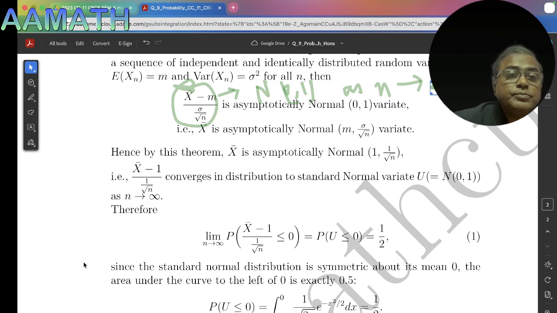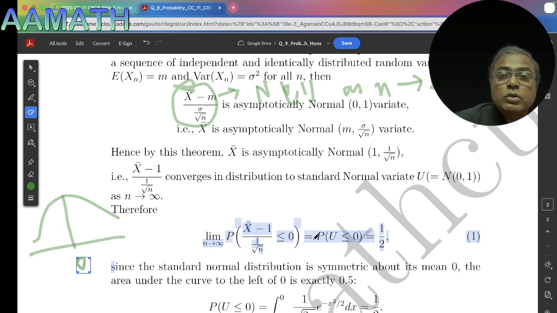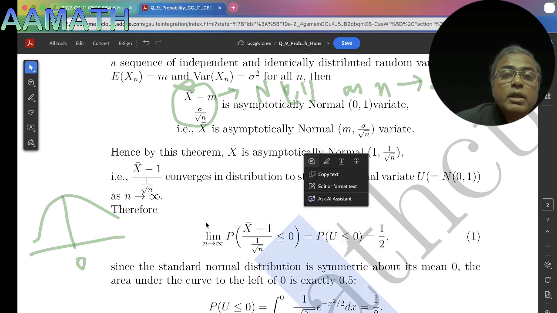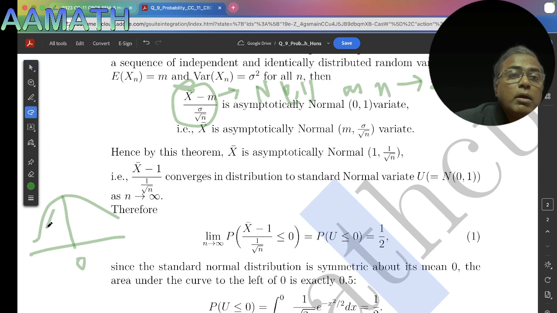Actually, this is the standard normal distribution, and this is the mean 0. So less than or equal to 0 means this portion. This area is equal to 0.5, and this area is 0.5.